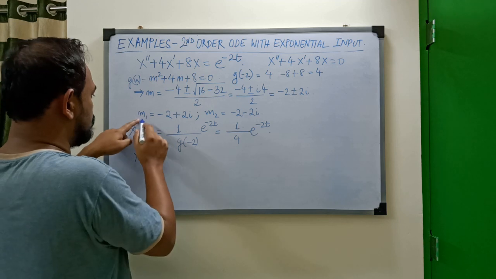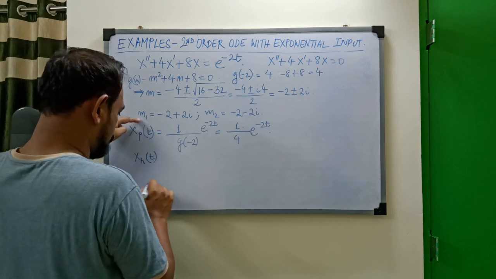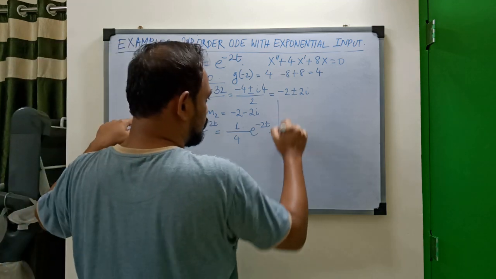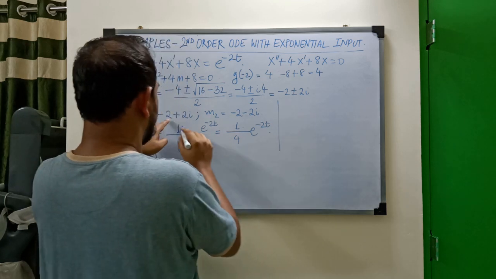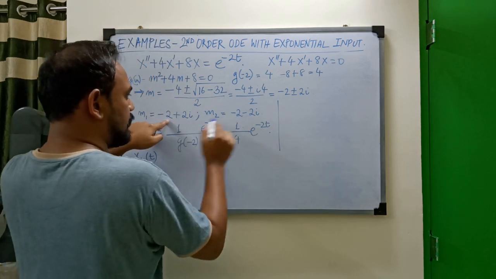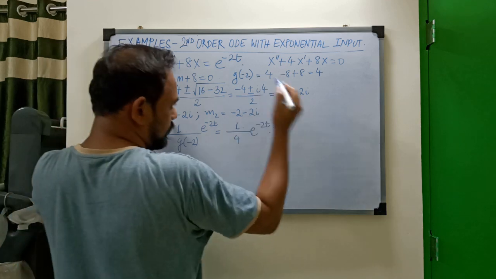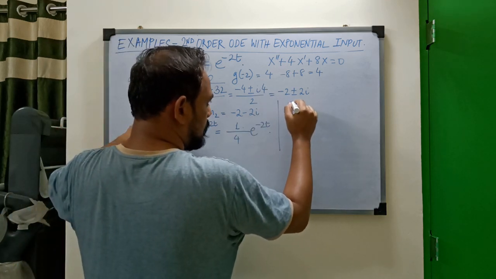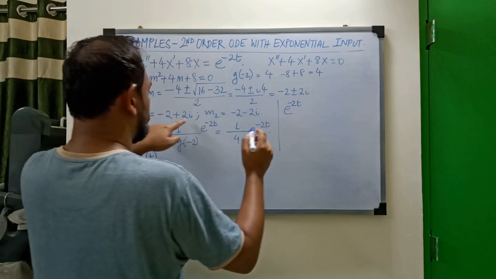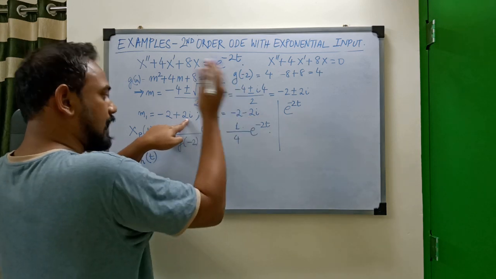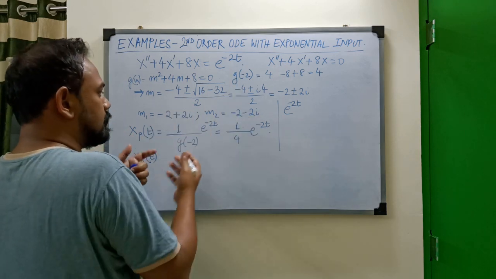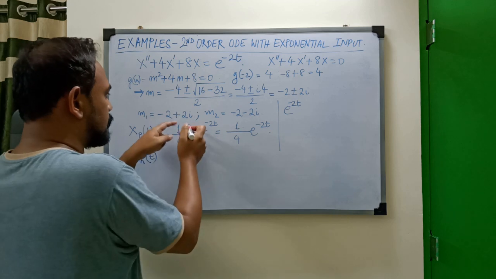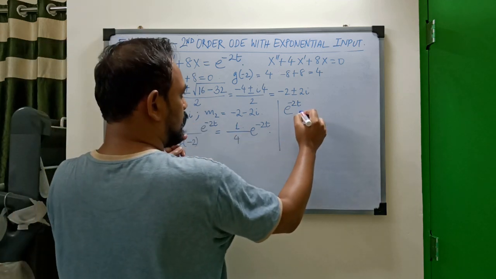Well, the first one is, let's write it here, the decaying rate is minus r, as you would remember. So it's going to be e to the power minus 2t. This is the omega, again referring to the terminologies that we have used in this series.